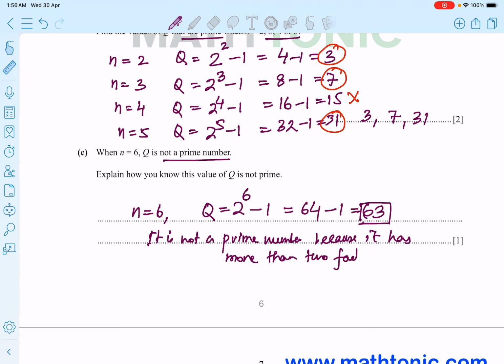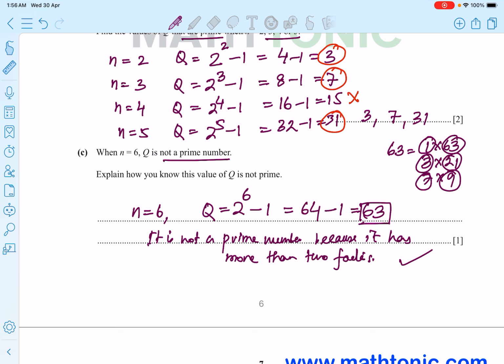You can see here, if I say 63, someone can write 1 times 63. Someone can write 3 times 21. Someone can write 7 times 9, something like this, right? You can see how many factors we got. 1, 2, 3, 4, 5, 6 factors, right? So this is not a prime number.